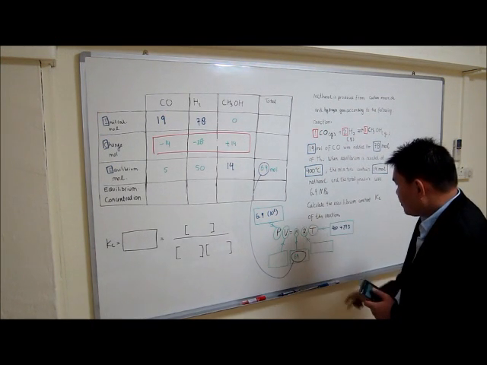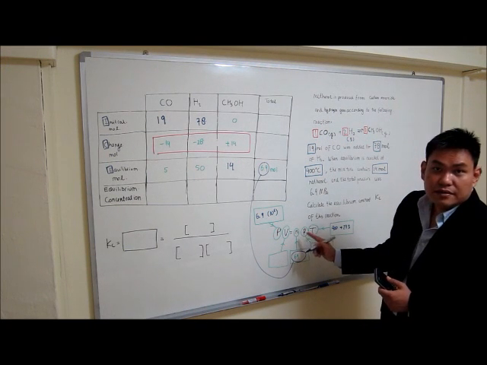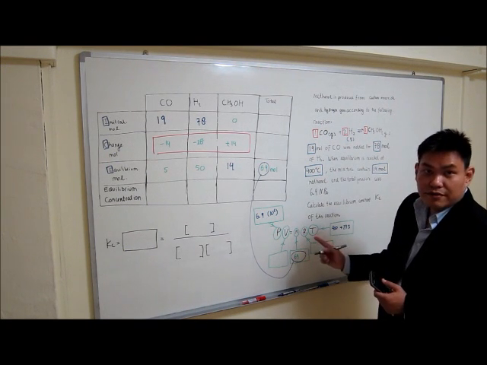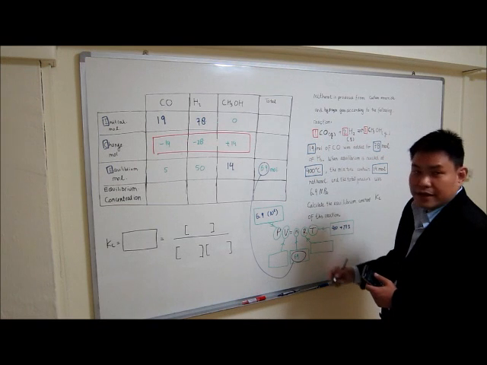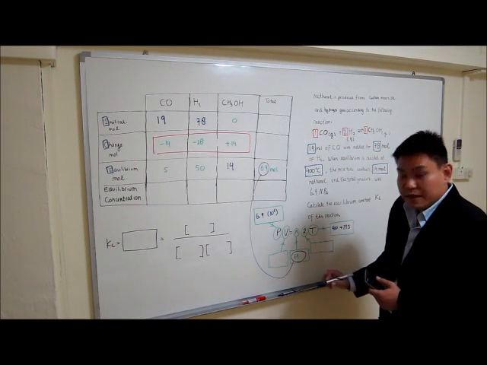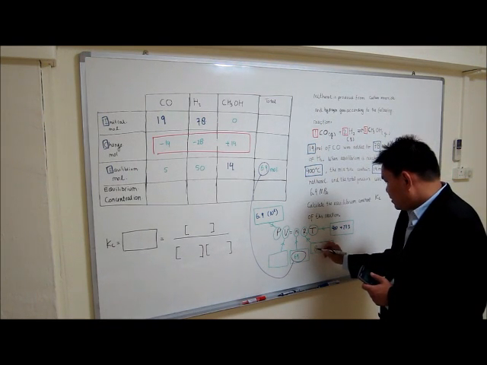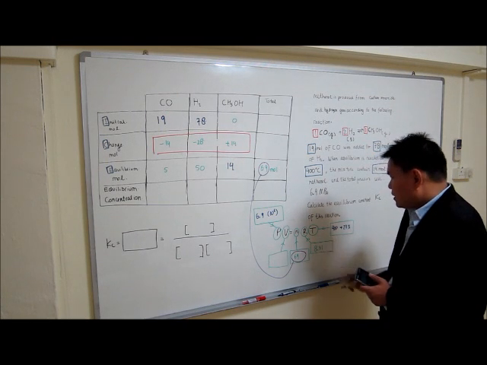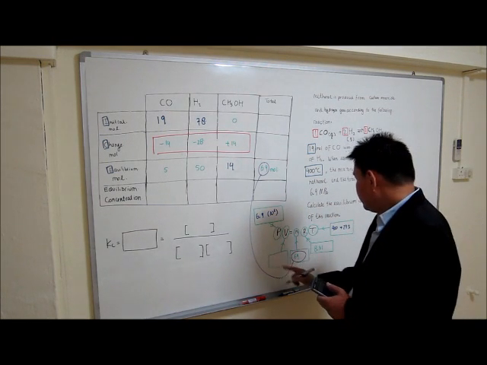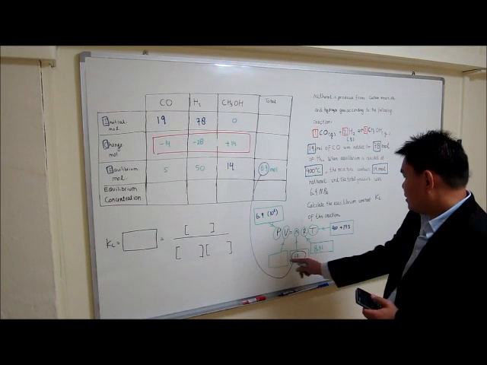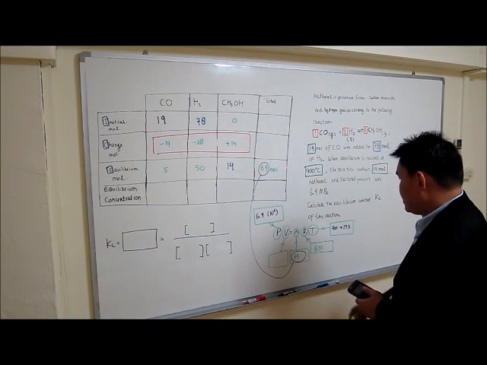Other information we have is the constant for the ideal gas formula, which we know already is 8.31. So we can calculate the volume. Very easy.